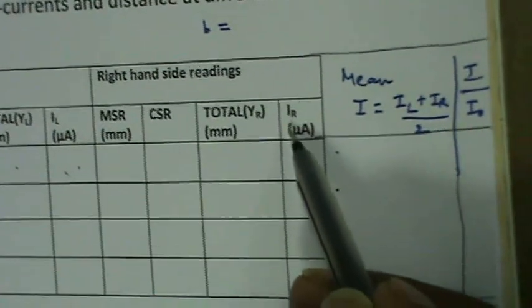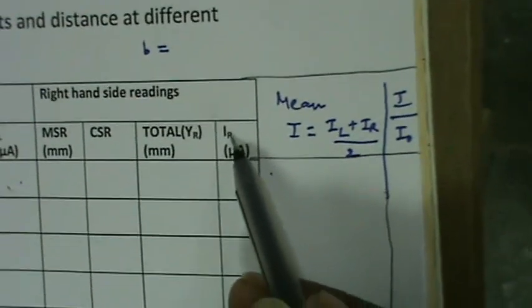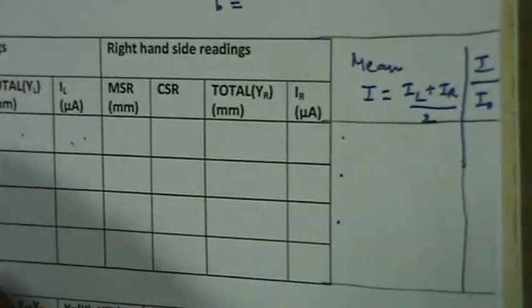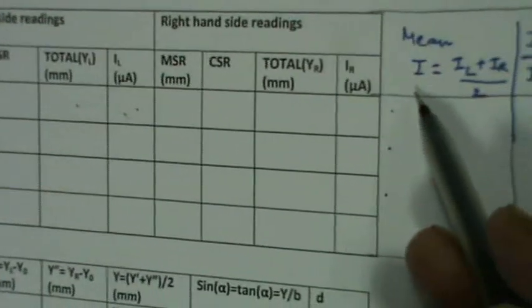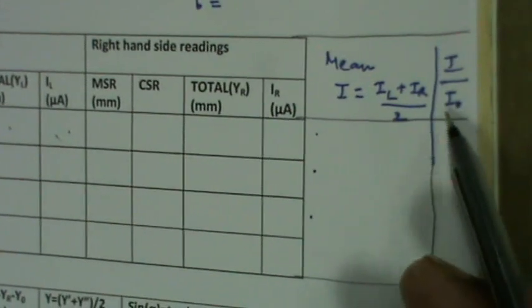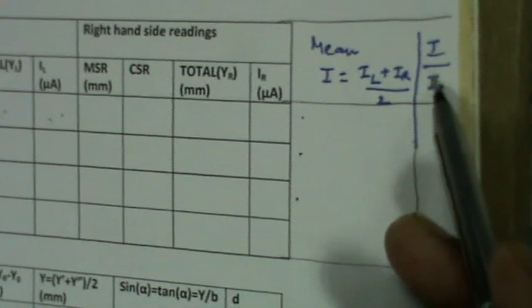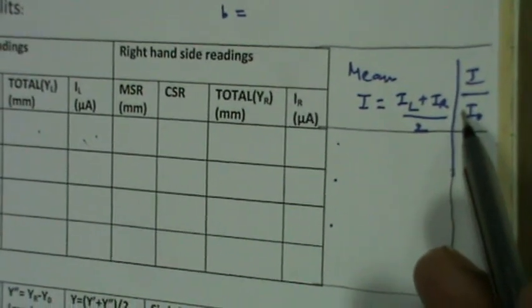And you take the current corresponding, when you move to the right hand side, what exactly is the current observed when you are at the first secondary maximum, second secondary maximum, third secondary maximum. And then take the mean value of current. I naught is the central principal maximum, the current corresponding to the principal maximum.